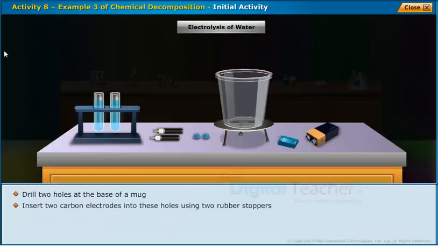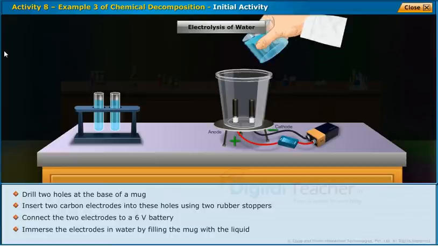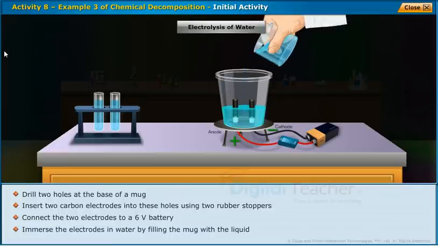Insert 2 carbon electrodes into these holes using 2 rubber stoppers. Connect the 2 electrodes to a 6-volt battery. Immerse the electrodes in water by filling the mug with the liquid.